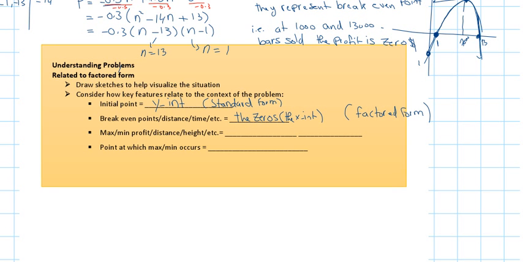Maximum, minimum, profit, distance, height. So if you're looking for the maximum distance or maximum height or maximum profit, what point am I looking at? What part of the vertex? Am I looking for the whole vertex or am I looking at a certain part of the vertex?